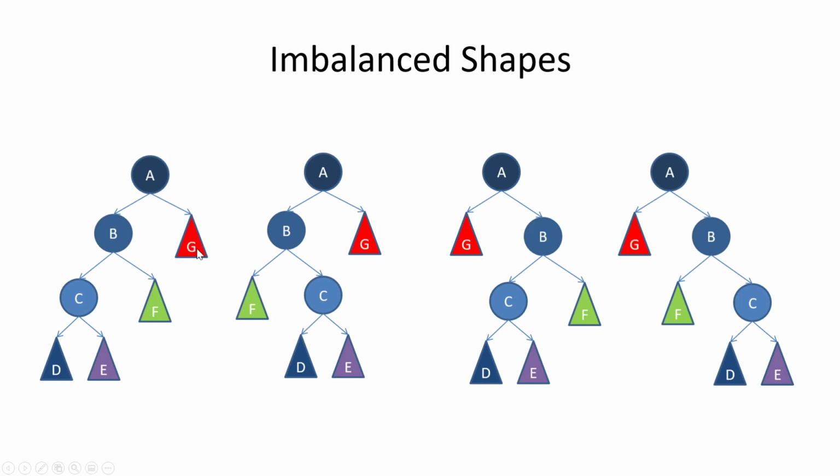Again, if you want, just blur your eyes and pretend no triangles are there at all, and then you have depth -1 or 0, depending on which depth you prefer, in which case we would just have 3 nodes, and that's out of balance then. And we get the same thing here. This would be out of balance, but we call this a left-right. Now this is left-left because A is left-heavy, but its left child is also left-heavy, so left-left.